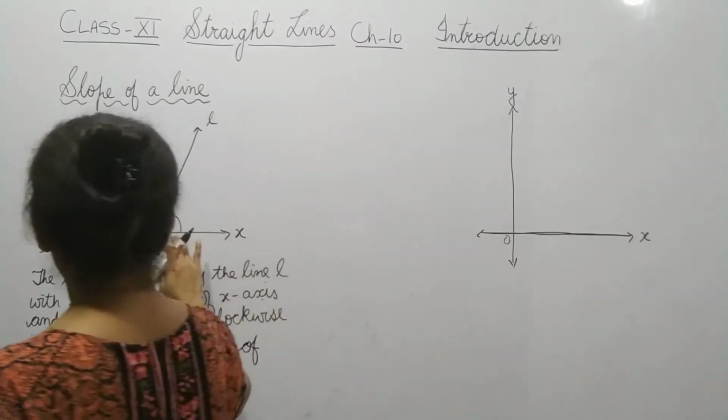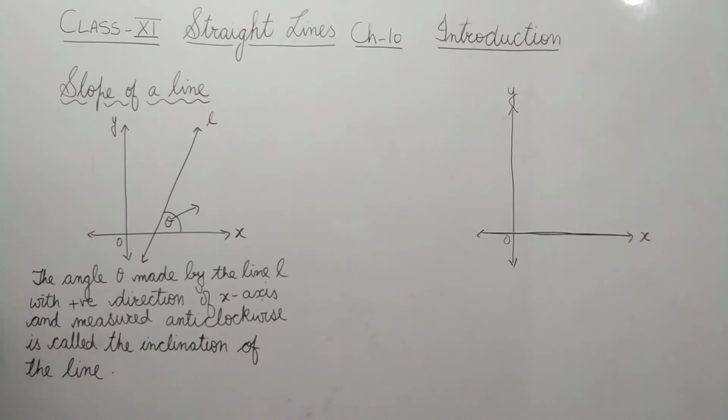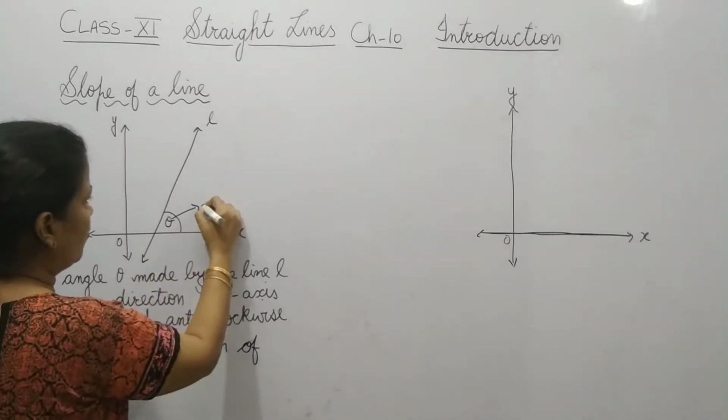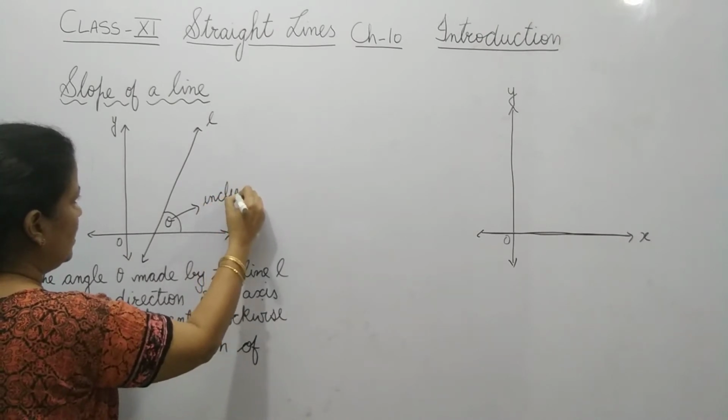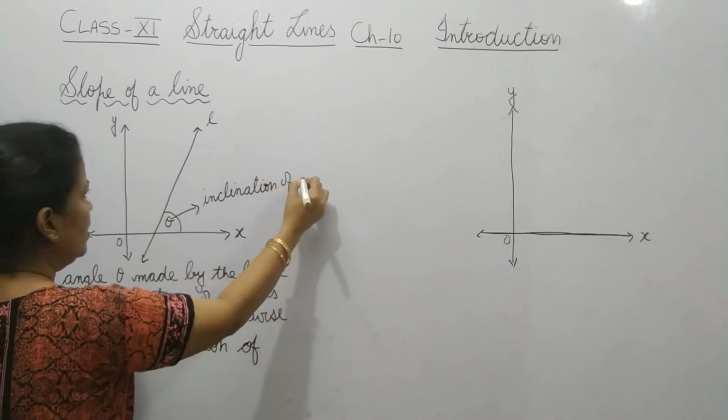Then this theta is called the inclination of a line.